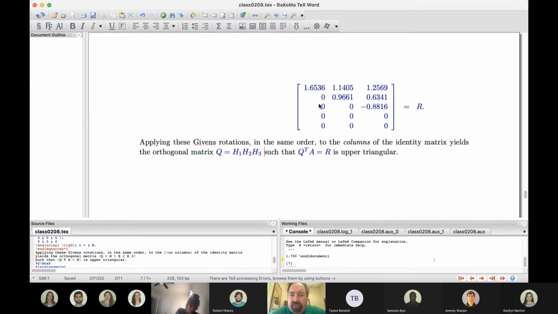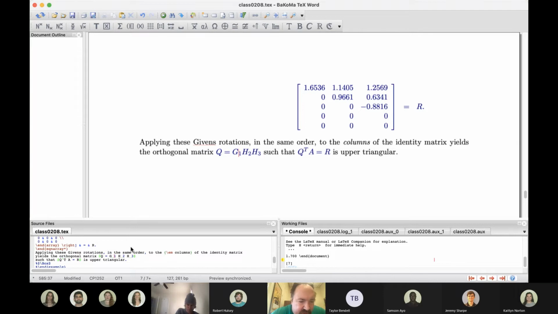So I use a total of 9 Givens rotations. If I multiply them all together, from left to right, actually I'm going to fix this.